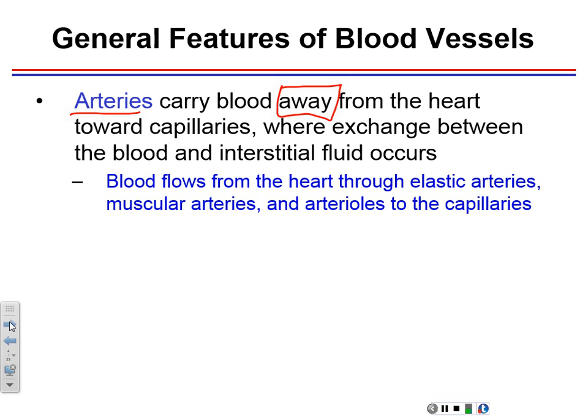So what the body does is that you have these very thick arteries with a lot of elastic tissue when you start off. Like the aorta, you see it when you go down to the lab right now. It's thick, it's very elastic. Then you move on to muscular arteries, which are smaller, but they have more muscle in them to do that thing we're talking about, constriction and dilation to regulate blood pressure.